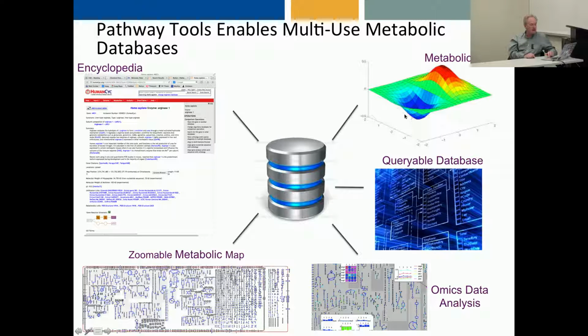And we can generate quantitative metabolic models from the database as well. So these are all different parts of Pathway Tools that let us do fairly different things with different subsets of the data in one of these pathway genome databases.